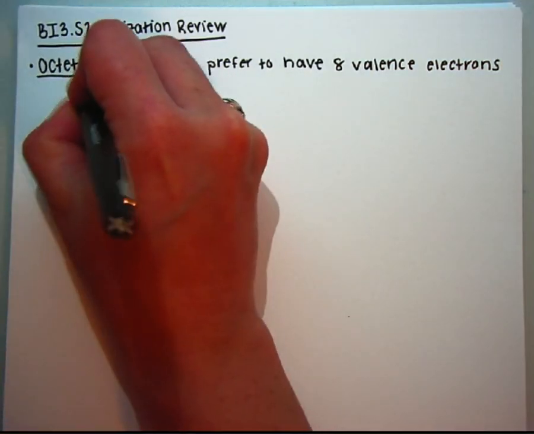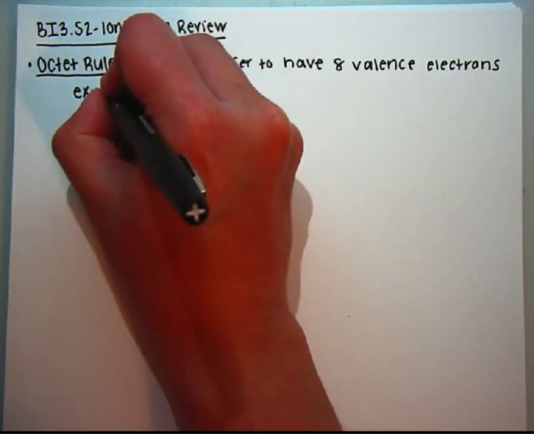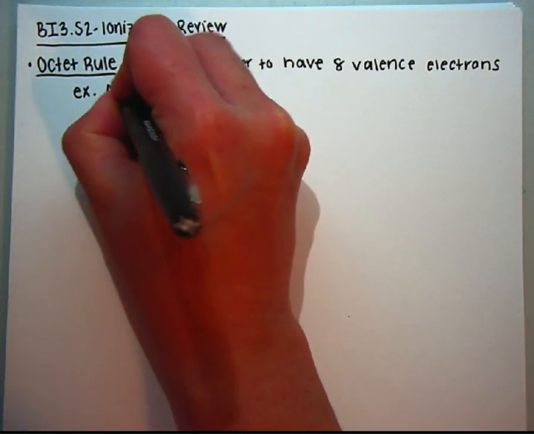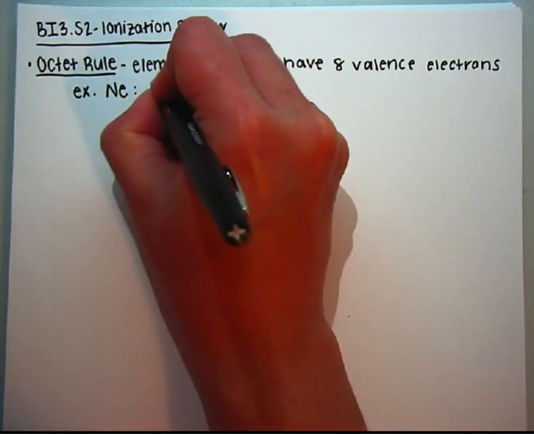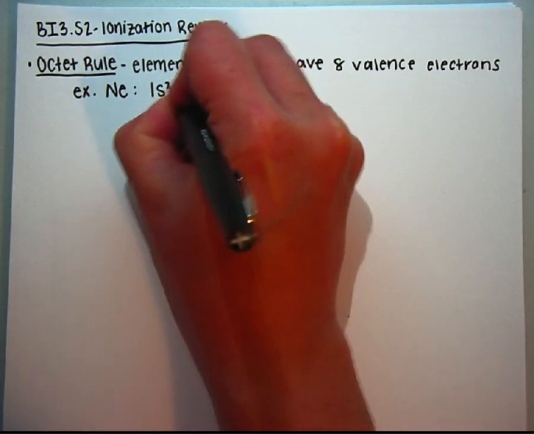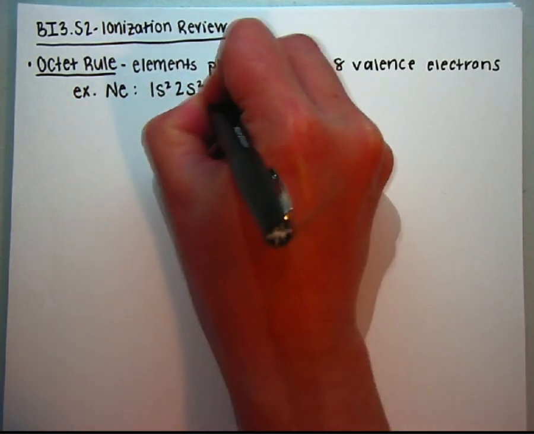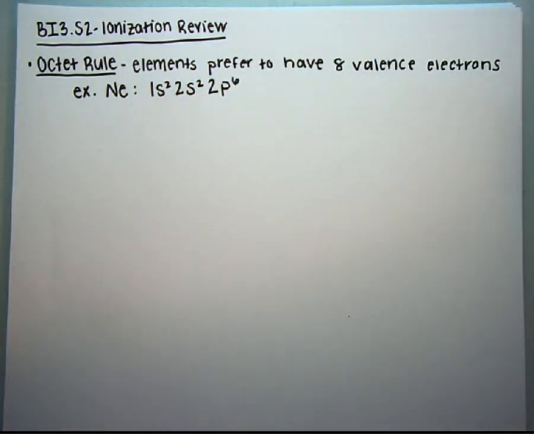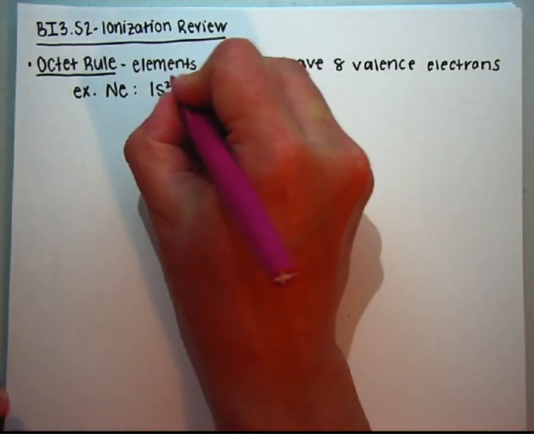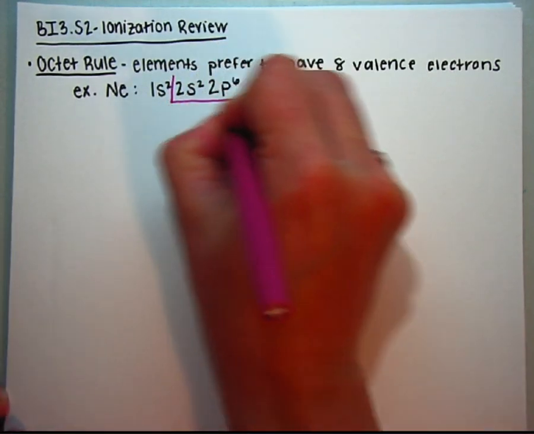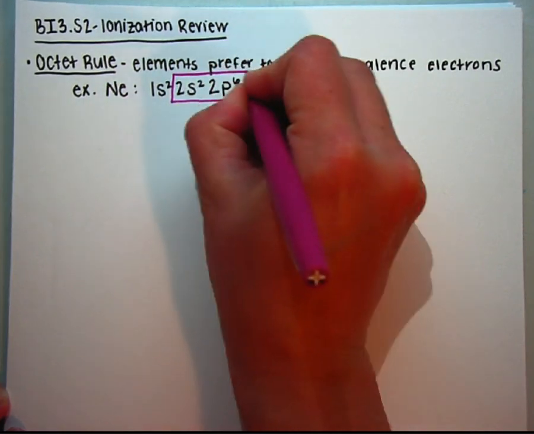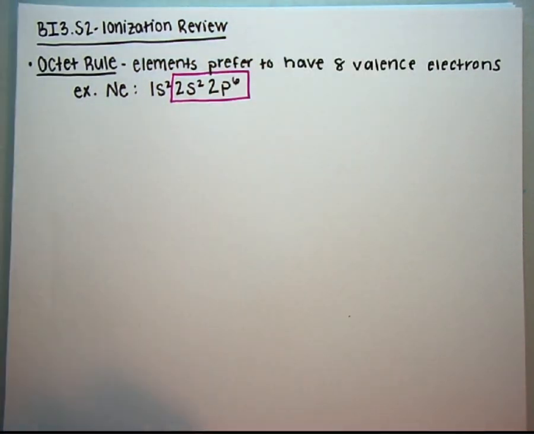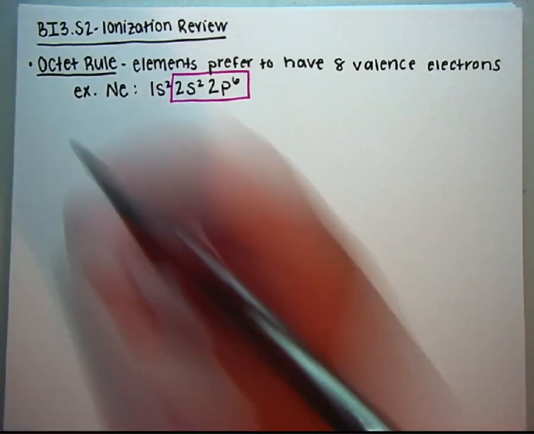So an example of an element that follows the octet rule would be neon. And this is the electron configuration for neon. Valence electrons are in the outermost energy level. The outermost energy level is the second energy level. And I could see that there are 8 valence electrons.